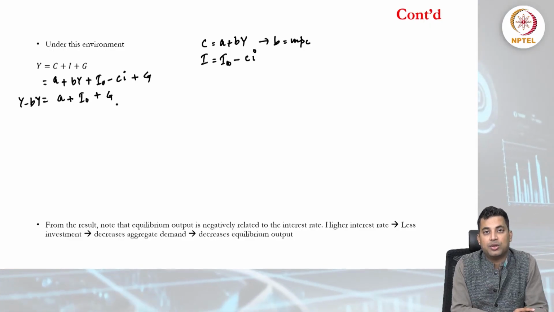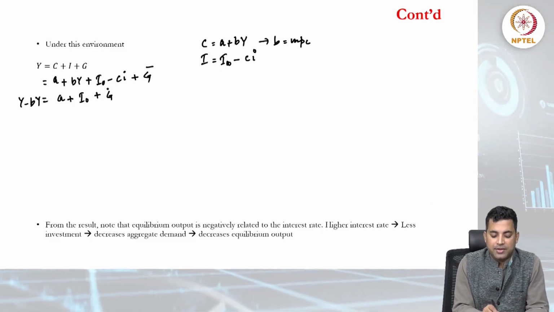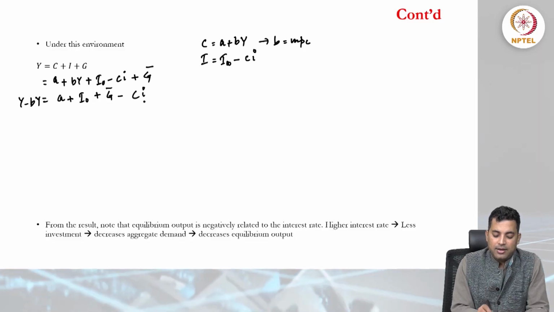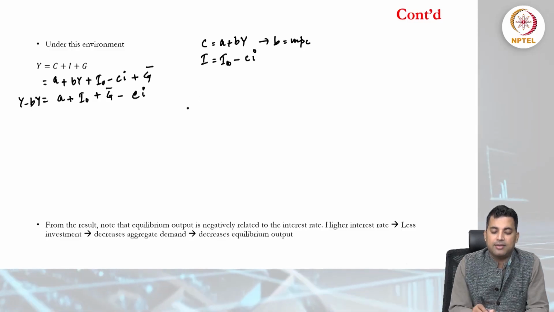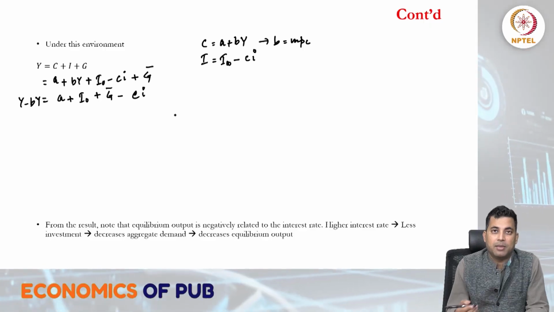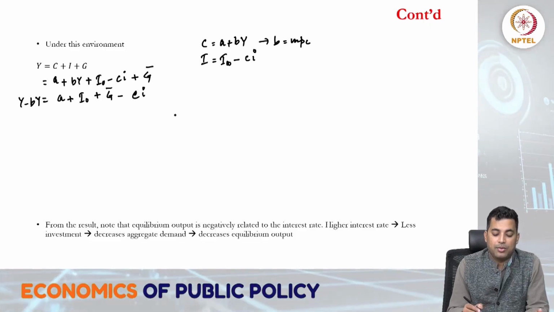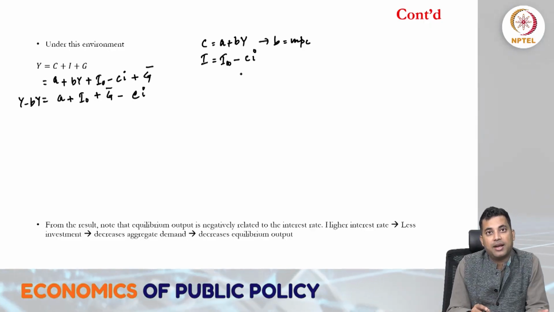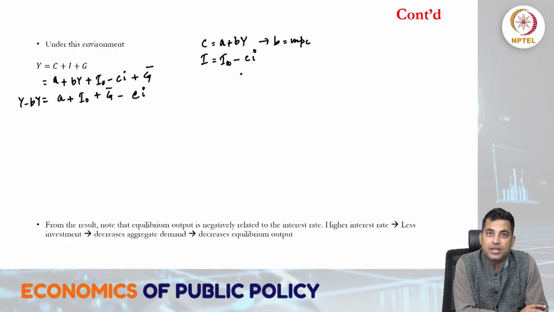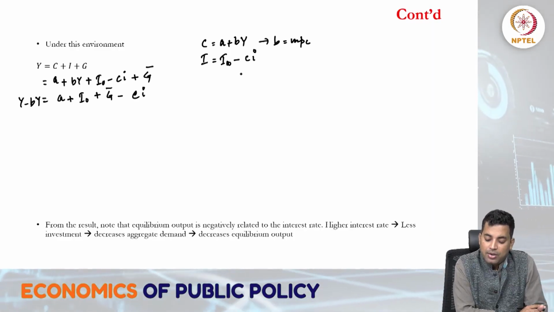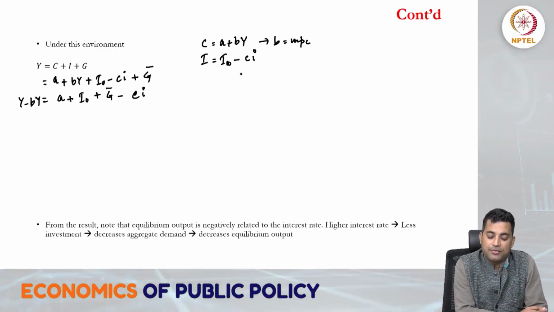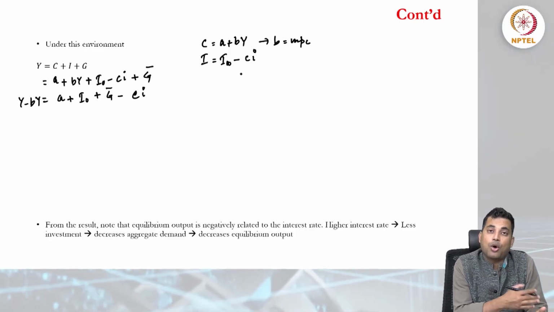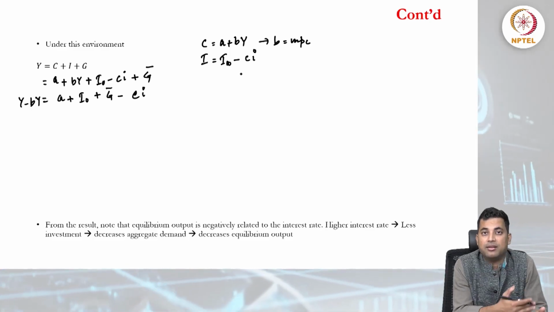Government expenditure is also known, so we can consider it fixed, minus ci, where small c is the investment coefficient, which shows the functional relationship between investment and the rate of interest. That is the coefficient that we are trying to understand: the effect on investment due to changes in the rate of interest.